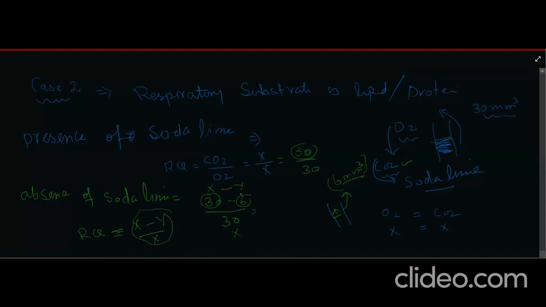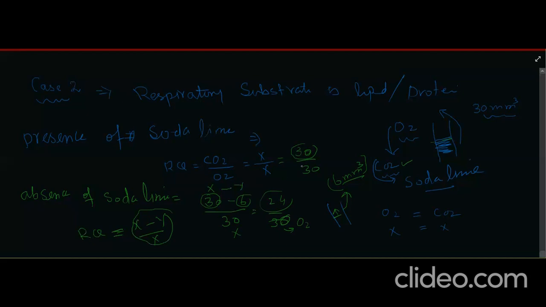When you find it, it should be 24 by 30, right? So it means the volume of oxygen utilized is more than that of carbon dioxide. So our substrate was what? Lipids or protein.